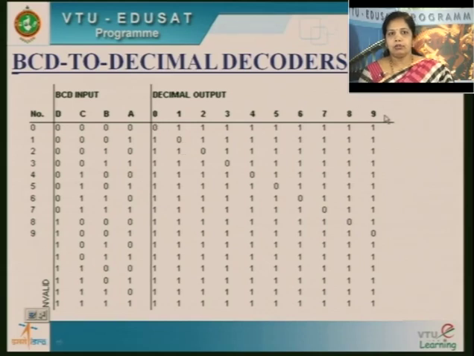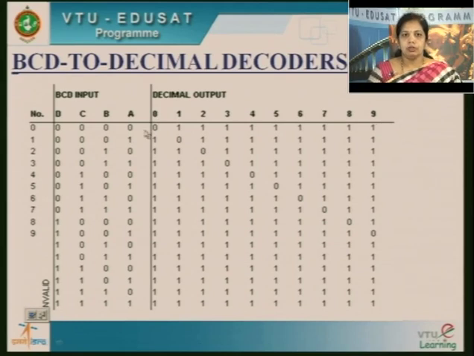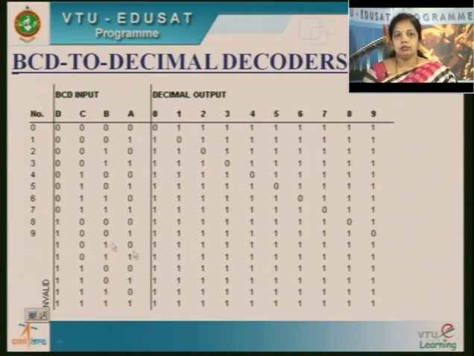So with 4 inputs, you can just see 1, 2, 3, 4, 5, 6, 7, 8, 9, 10. I am generating 10 different outputs based on these BCD inputs. We call this a BCD to decimal decoder. The other inputs are treated as invalid inputs.